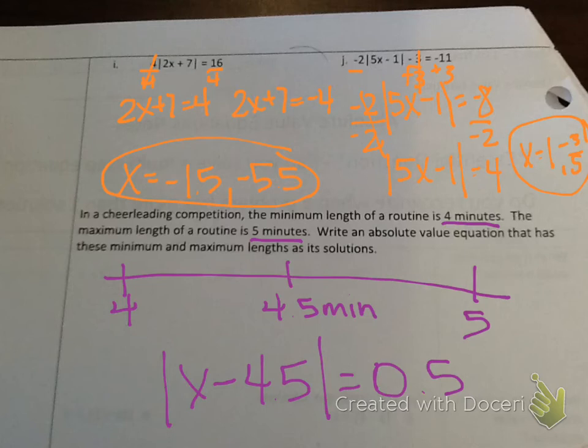So every time we're writing an absolute value equation, inside the absolute value, we want to subtract always, and the 4.5 is the number that goes here, always whatever is in the middle of the two options.